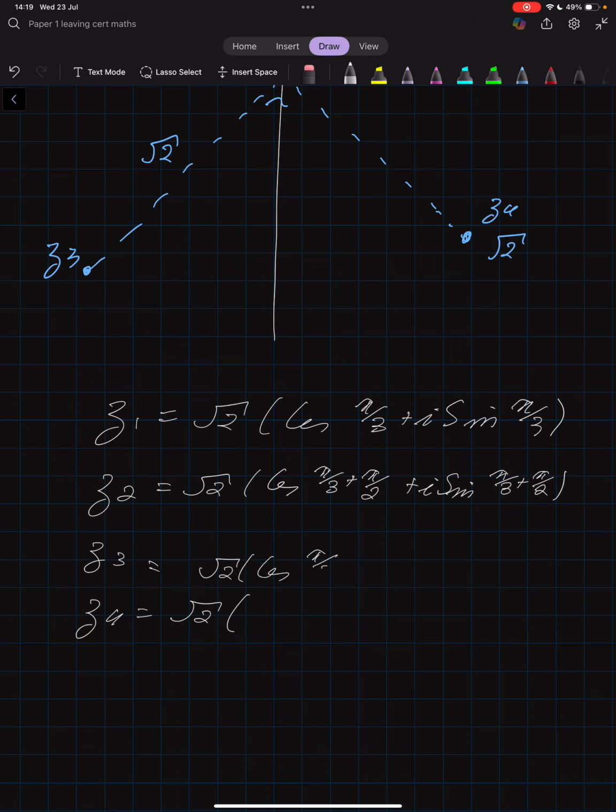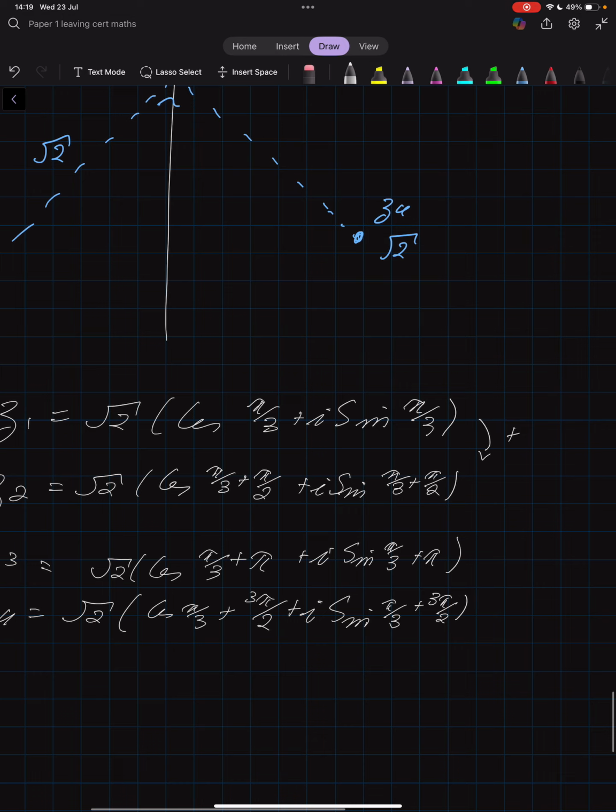But instead, you add pi or 3 pi over 2. So you add, sorry, I might just finish this. So to get from Z1 to Z2, you add pi over 2. Then you add pi over 2. And then you add pi over 2 again.